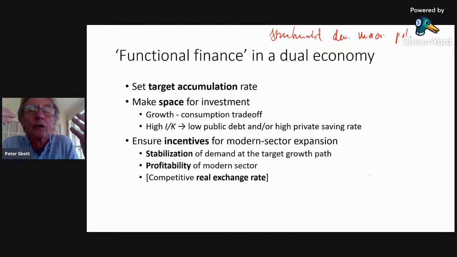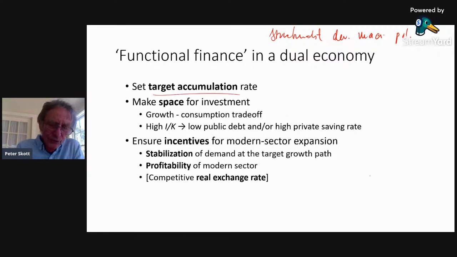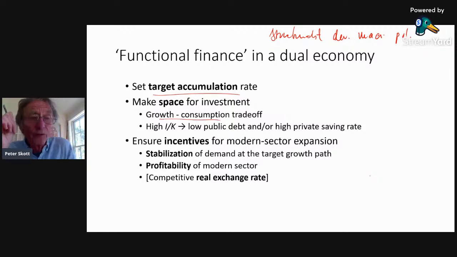How should we conduct fiscal policy so as to achieve the structural transformation that we want? Well, you first need to figure out what is a suitable target accumulation rate. We would like it to be as high as possible, but we need to be aware of the fact that there is a growth consumption trade-off.